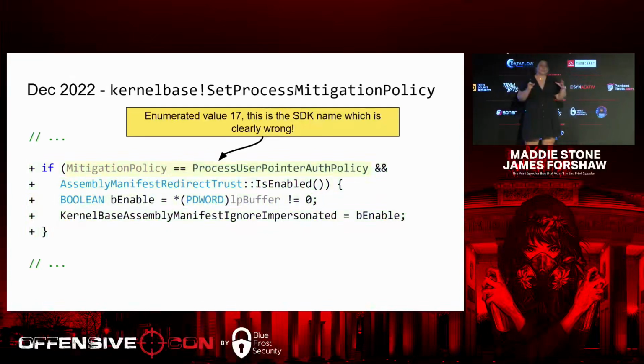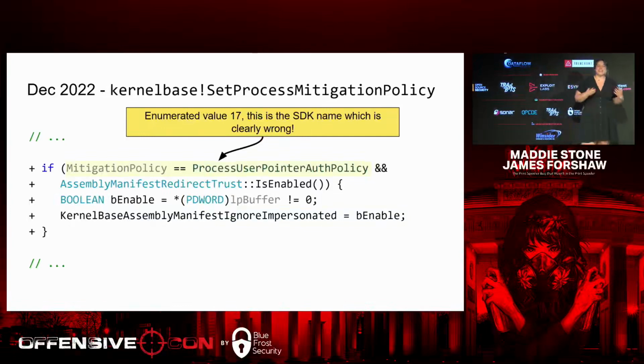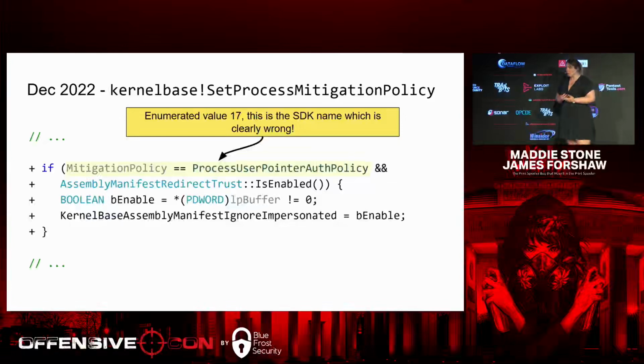And so they've added this whole new block in December 2022 to the set process mitigation policy, which allows processes, as it sounds like, to explicitly set different mitigations for themselves. And so they've added a new one. This enumerated value is 17, and they've given it this name in the SDK, process user pointer auth policy, which clearly does not describe what this is doing, but yeah, so it's number 17.